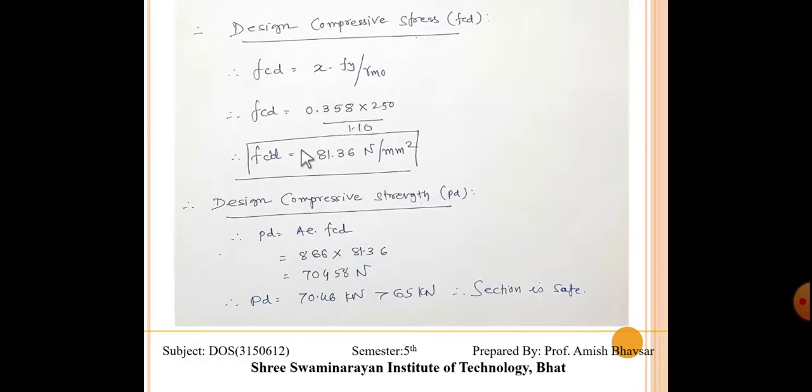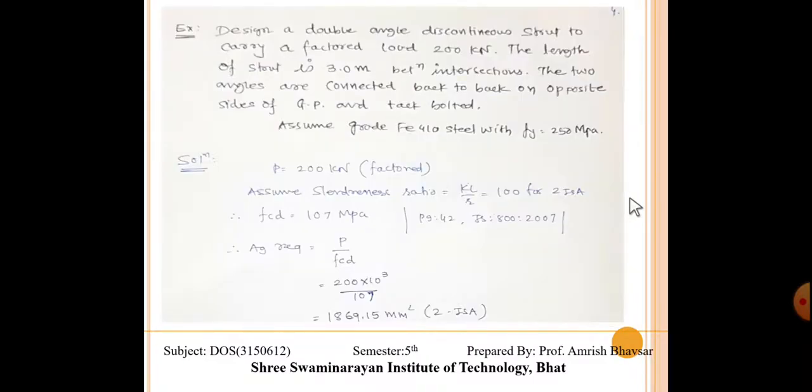So we will get FCD, that is 81.36, and our AE we have, so we will find out the design compressive strength. PD is equal to AE into FCD. So it is 70.46, which is greater than the given load. So our design is safe for the section.